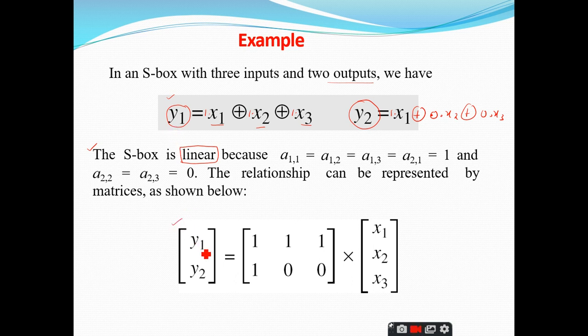I take this output function as a column matrix where I have only one column, y1 and y2, and this is a 2 by 3 matrix. And what is this one? This is a 3 by 1 matrix, so the output is 2 by 1. These are the coefficients which I have defined, and these are the coefficients of y2. It is a product of the input variables x1, x2, x3 with this symbol. Is it clear up to this point?